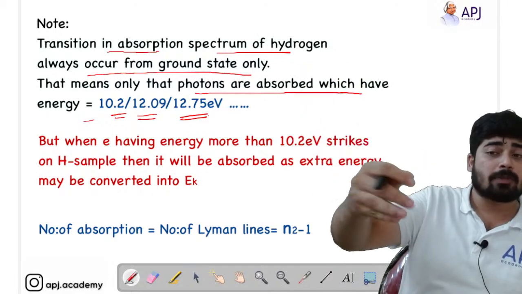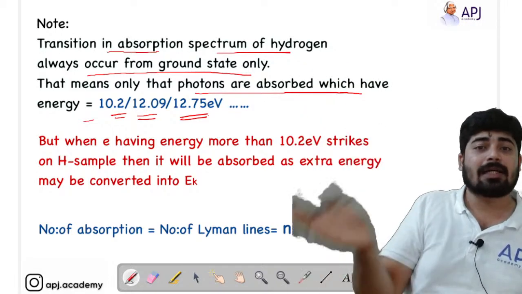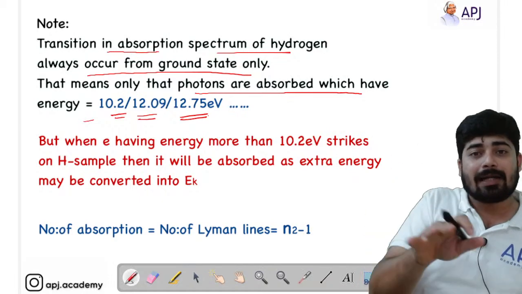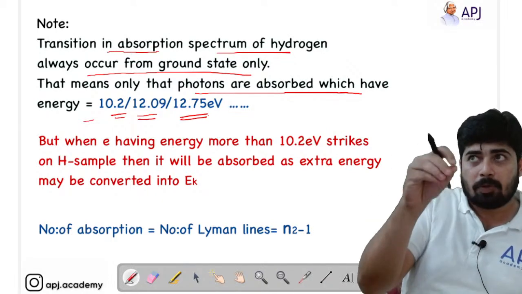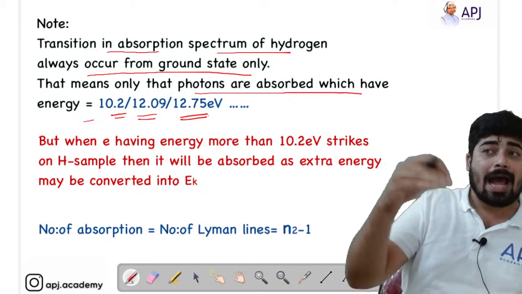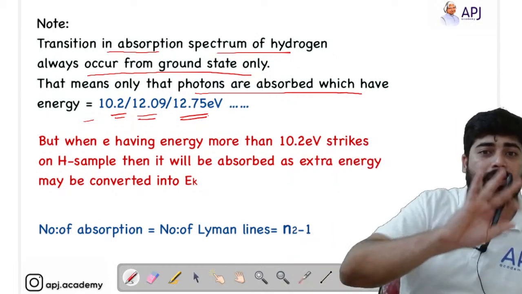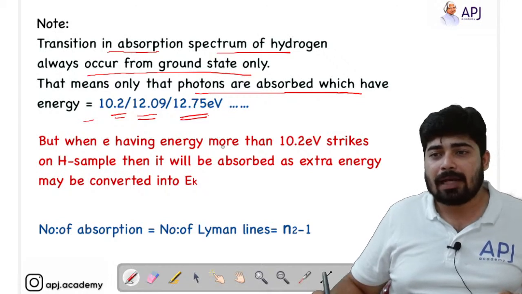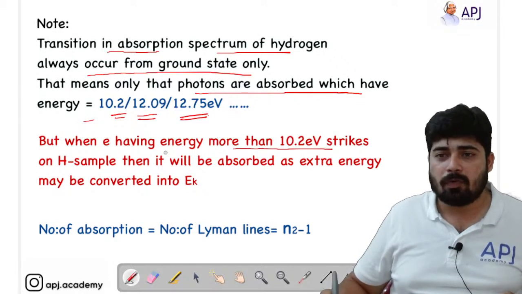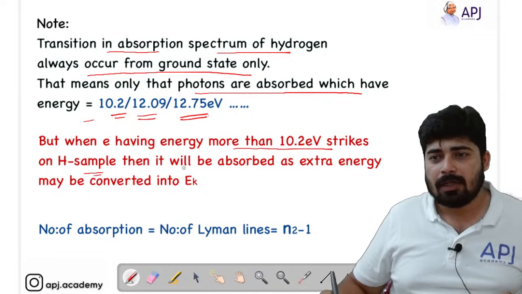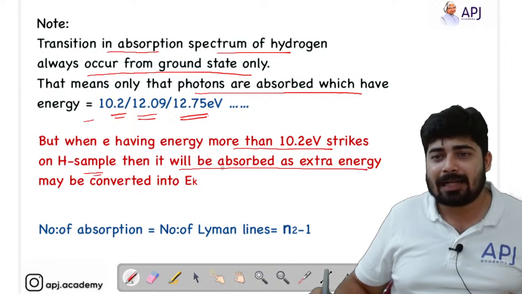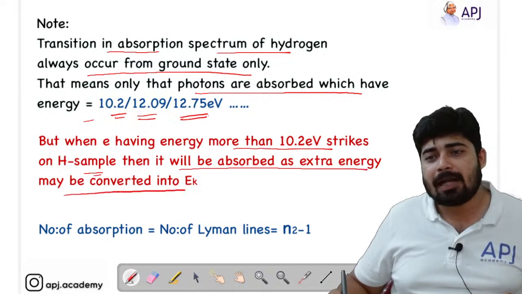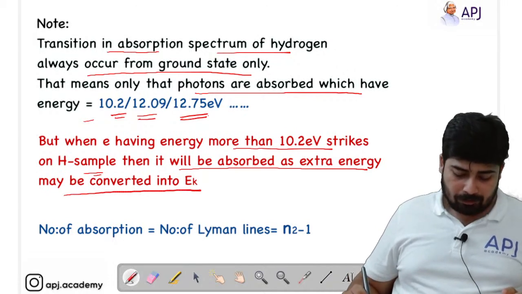If it absorbs energy more than required, then the required energy is used to excite to the particular energy shell, and the remaining part of the energy is converted into kinetic energy. But when an electron having energy more than 10.2 electron volt strikes a hydrogen sample, then it will be absorbed as extra energy and may be converted into kinetic energy.